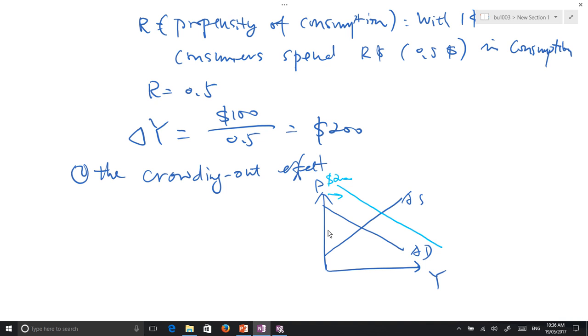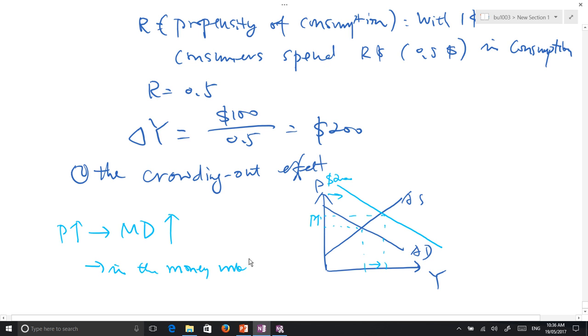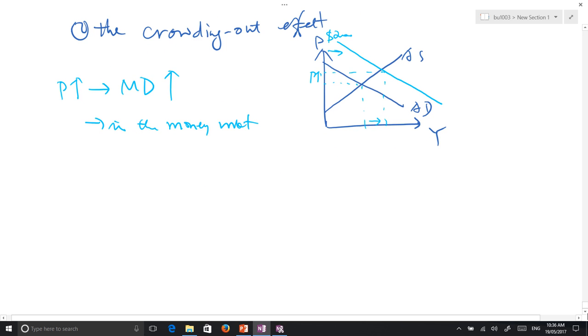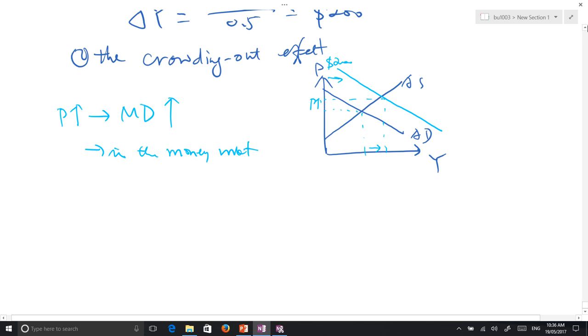So we observe that price goes up, output goes up. So when price goes up, we find that money demand goes up. So in the money market, we have a diagram like this. Interest rate, money. This is money supply. This is money demand.